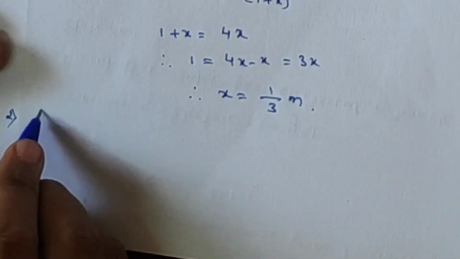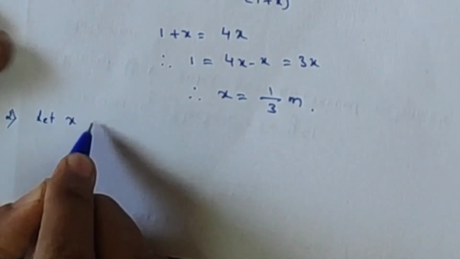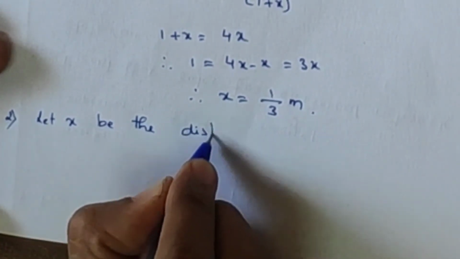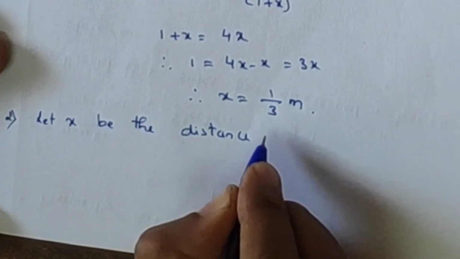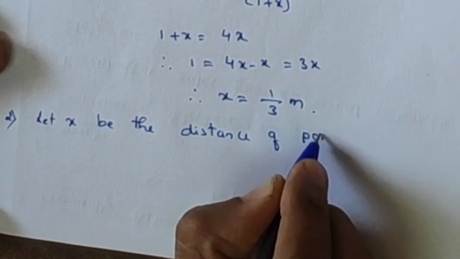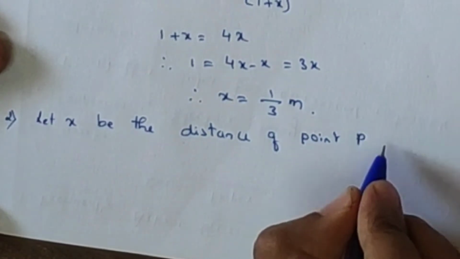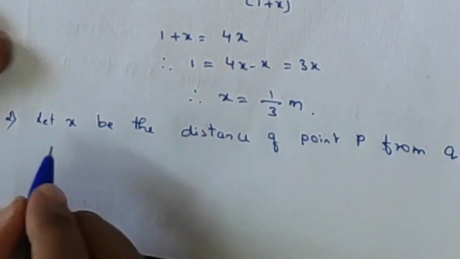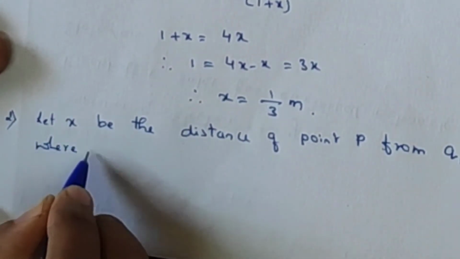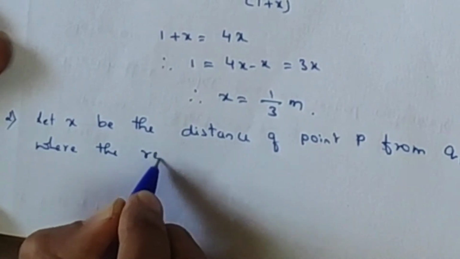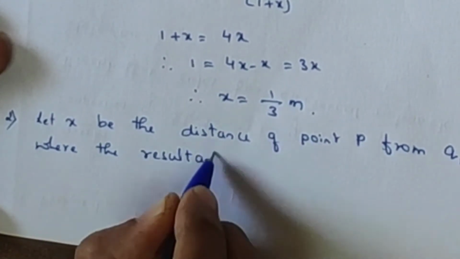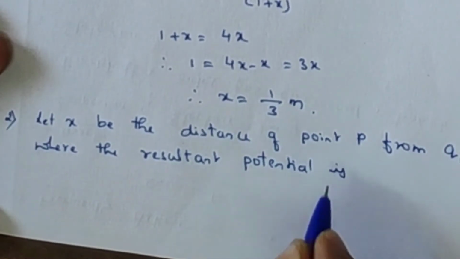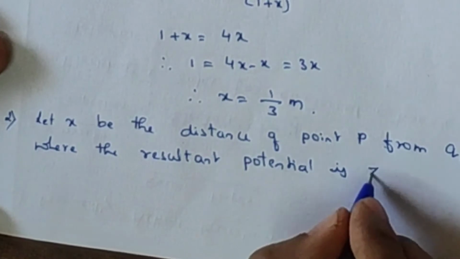Second one: let x be the distance of point P from Q1 where the resultant potential is 0.